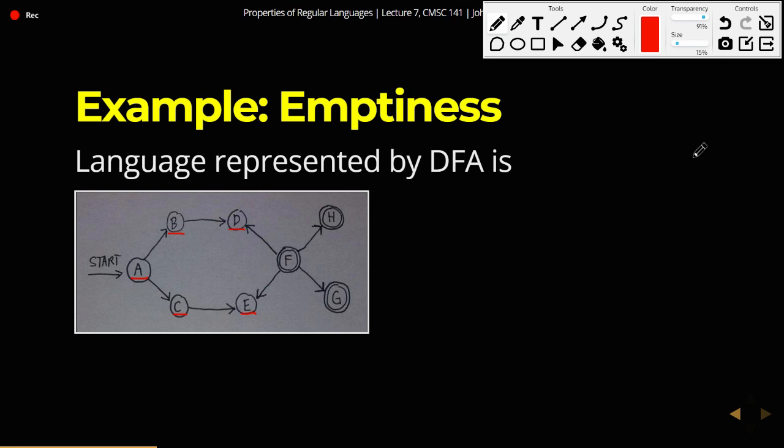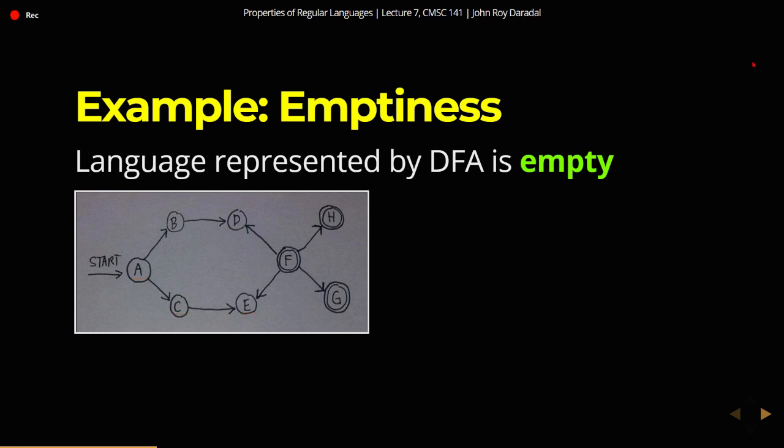Same with H and G. So is this language empty or not? From the set of reachable states, we don't actually have any final states. So that means that this language is empty because we cannot accept any string, because no final states are reachable from the start state. Okay, so that is how you determine whether a regular language is empty or not. You traverse the DFA, find out the reachable states, and check if there are any reachable final states.